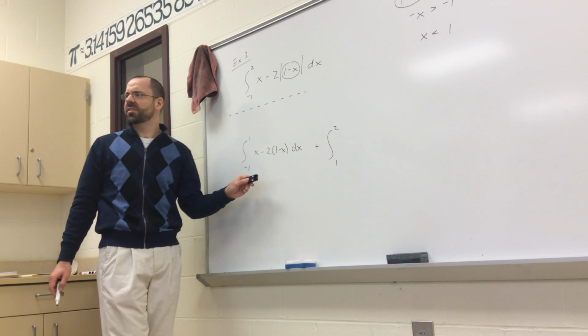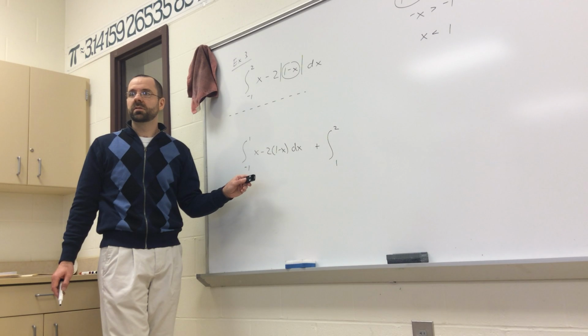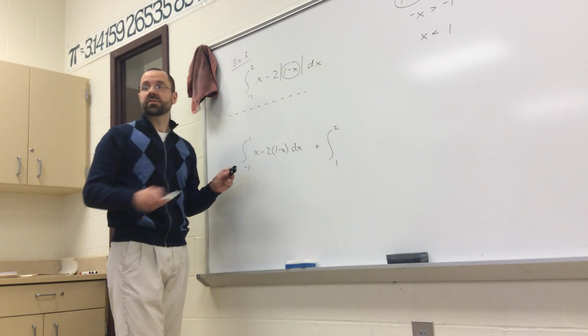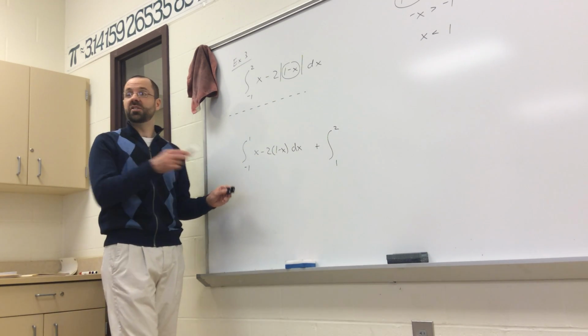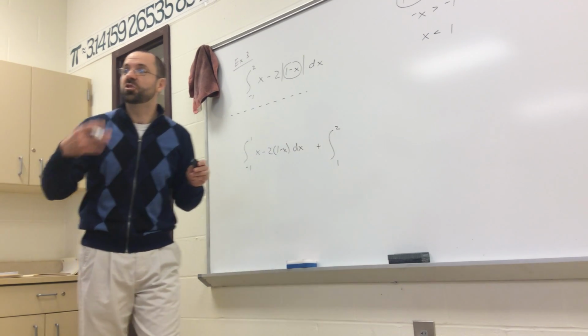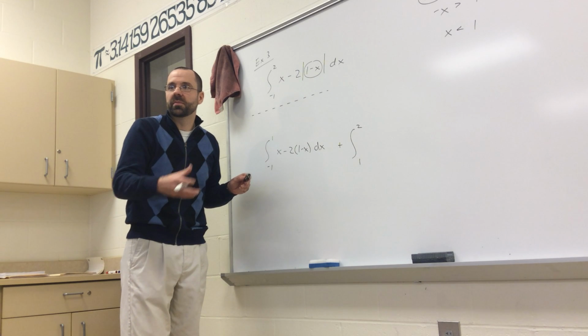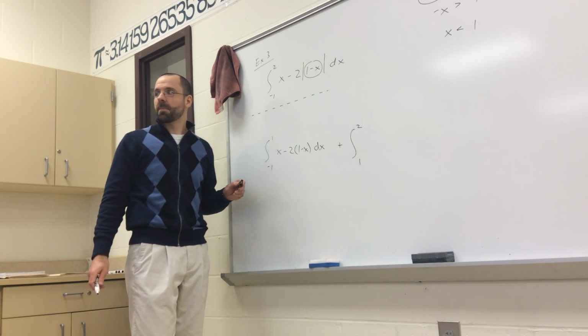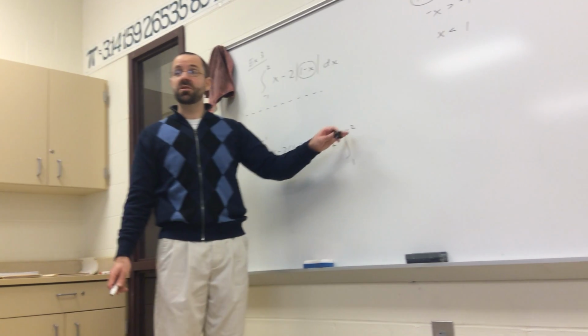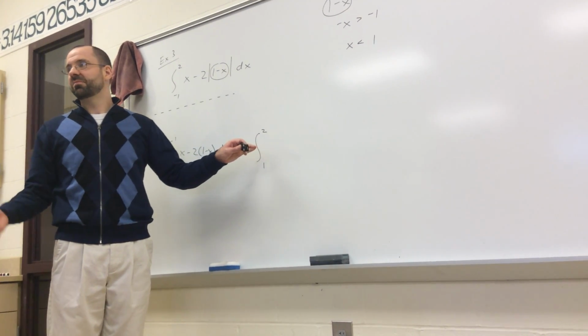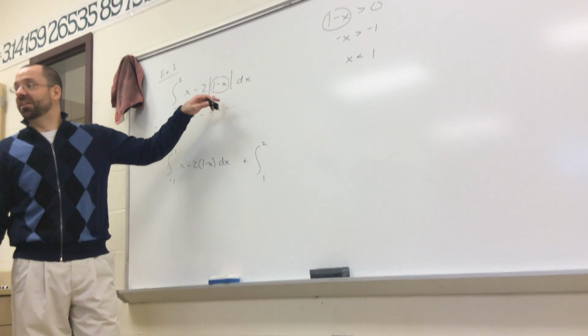So why are the absolute value signs unnecessary? Because that number is positive, and the absolute value signs wouldn't change it or do anything to it. So that's why I was allowed to basically ignore them. Okay, but from 1 to 2, that mess is going to be negative.